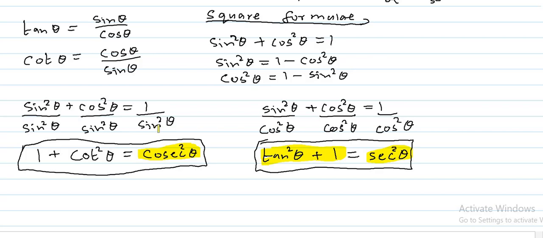So now let's move to the 4 quadrants. In trigonometry, we have 4 quadrants.